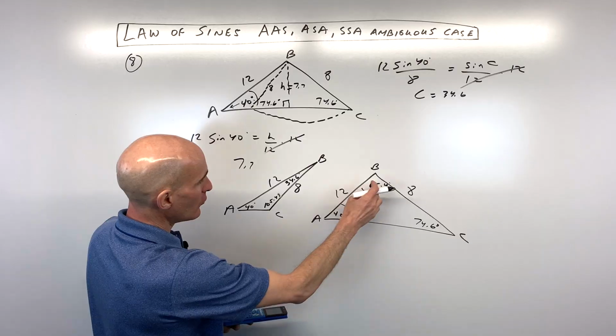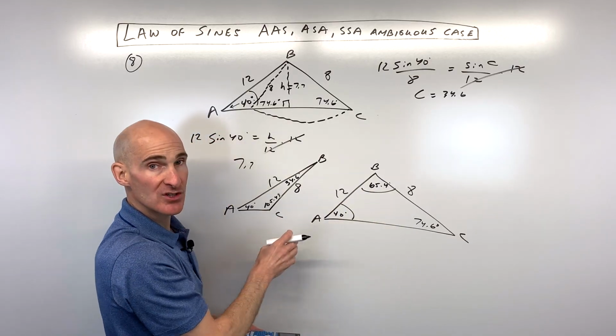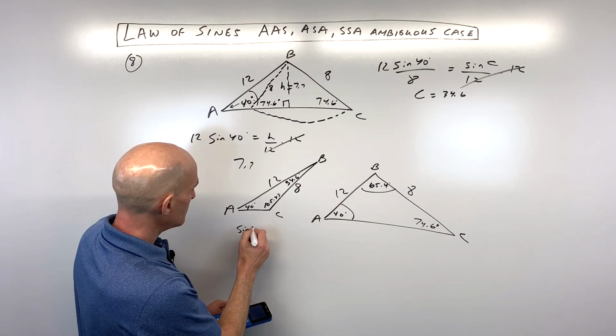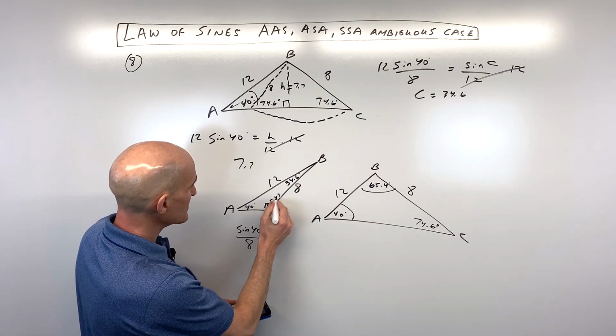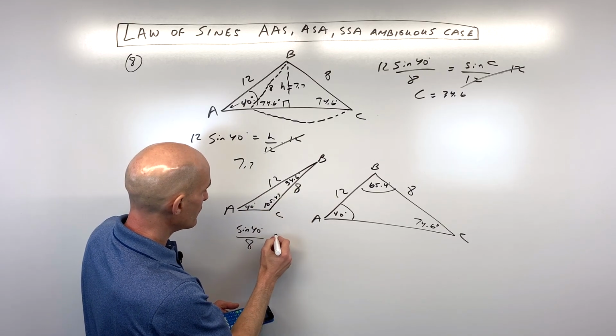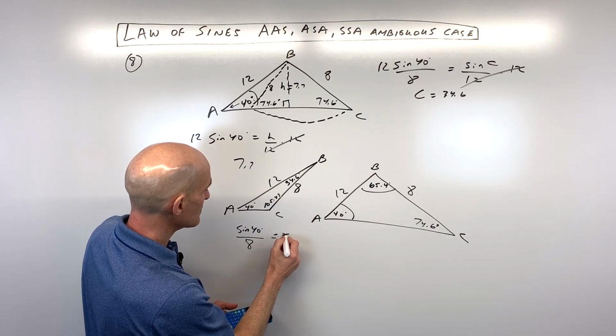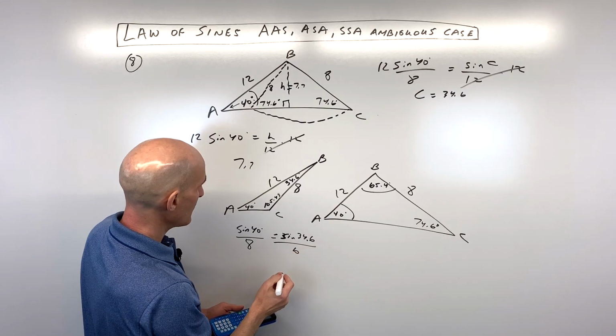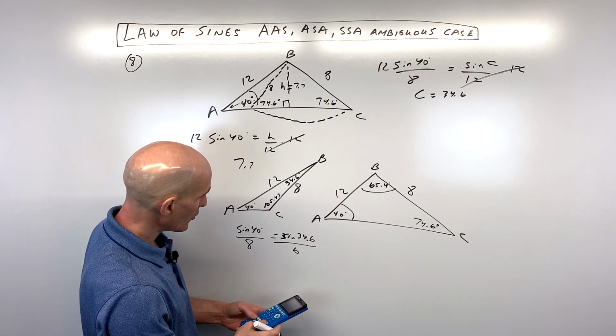That's across from angle B. Okay, but we'll have to do it separately for each of these two triangles, right? So let's go ahead and do that. We've got sine of 40 over its side opposite, which is 8, equals sine of 34.6 over B. Okay, so what we're going to do is cross multiply and solve.